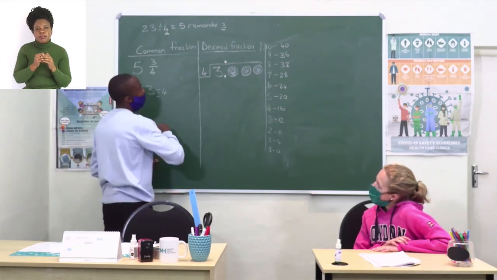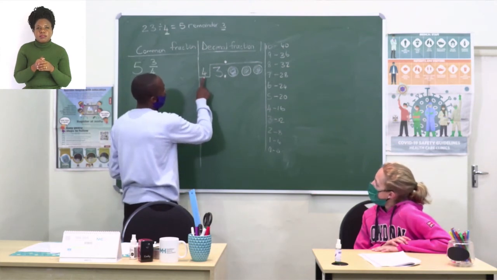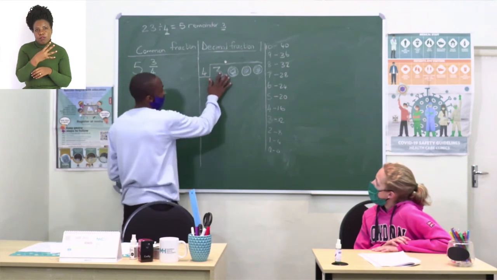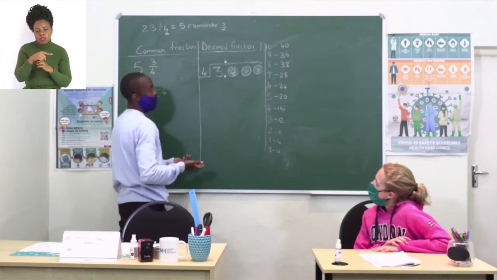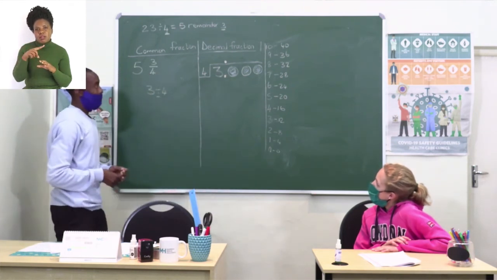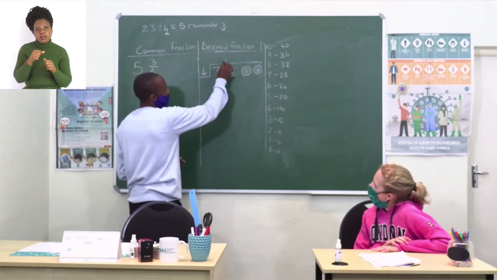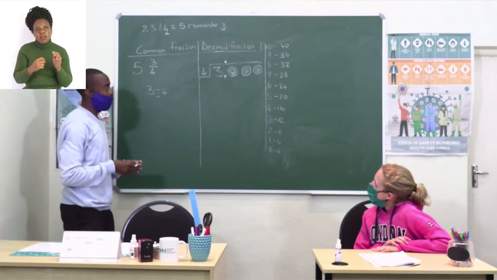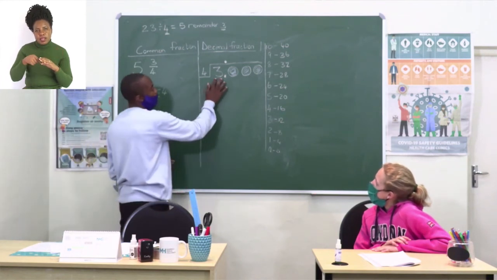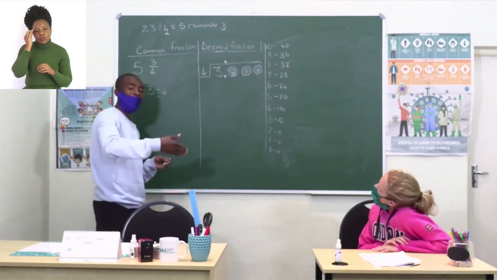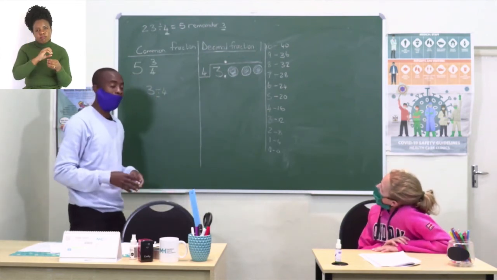So here I have 4, as you can see, on the outside, and then I wrote 3 on the inside of the division bracket. You'll also notice that I made a decimal point here and there. Why did I do that? Because I wanted to separate my whole numbers from my decimal fraction, in other words, the numbers behind your decimal point.